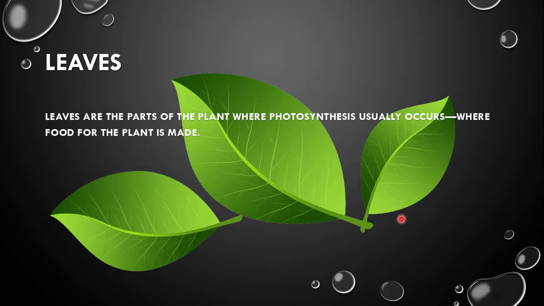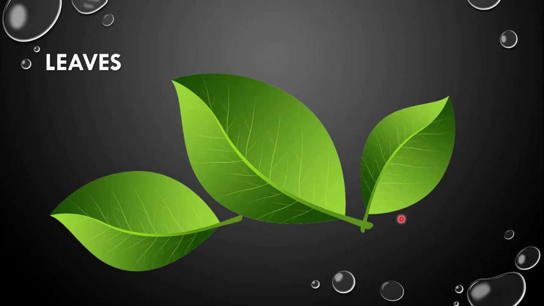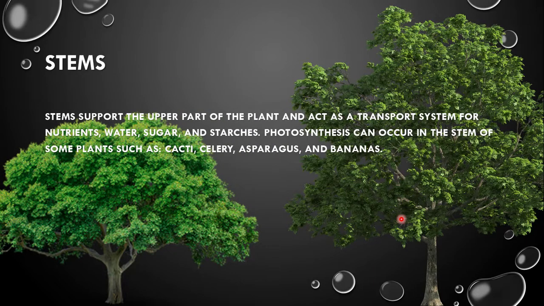Previously we said some stems of these plants undergo photosynthesis, so they have their kitchen in their stems also, and the preparation of food also occurs there in these plants: cacti, celery, asparagus, and banana.